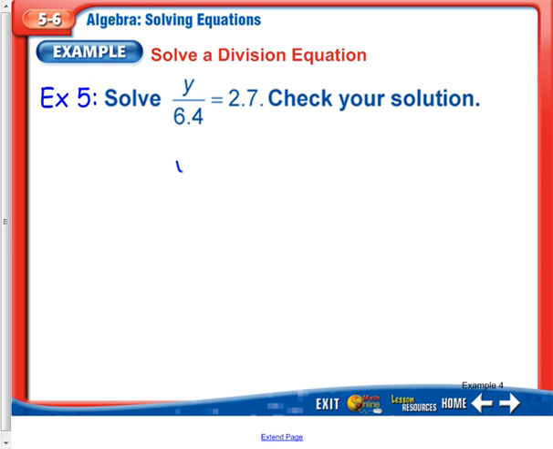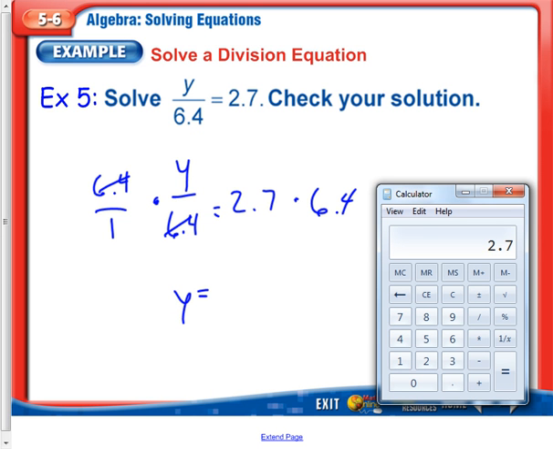All right, so now y divided by 6.4 equals 2.7. Now, we're going to multiply by 6.4 over 1 because we're dividing, so to undo division, you must multiply. So over here, we're going to multiply by 6.4. The 6.4s over here cancel, so I'm left with y equals, and now if you want to jump on your calculator, you can.